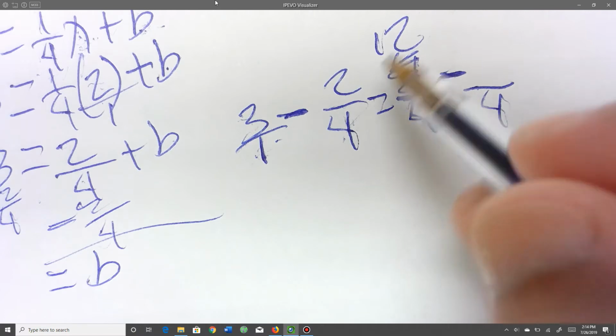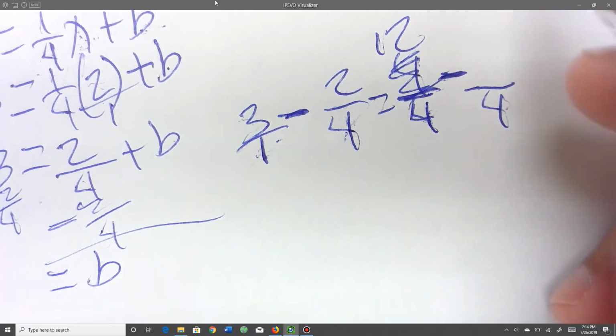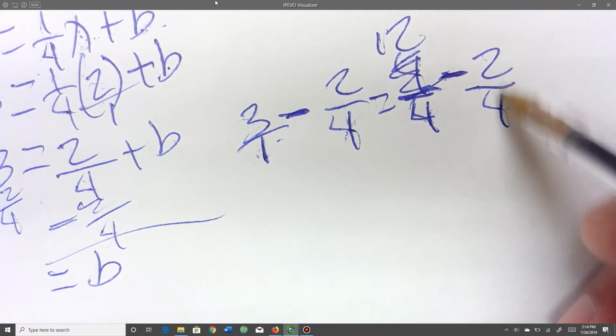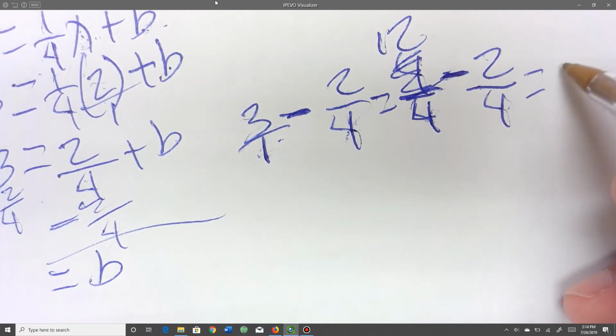And then I did not raise this denominator, so I don't have to raise that numerator either. Just rewrite it. Now we're ready to subtract in this case.